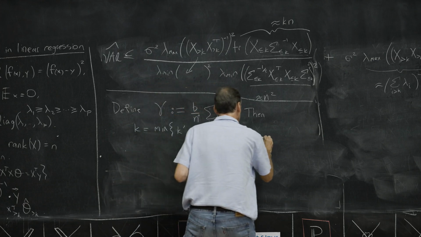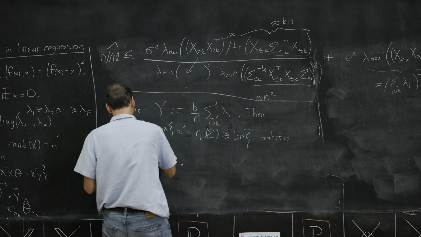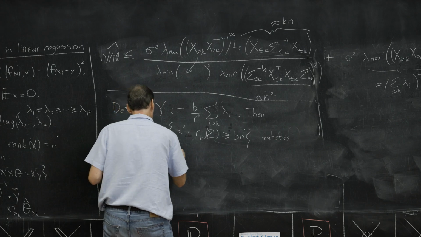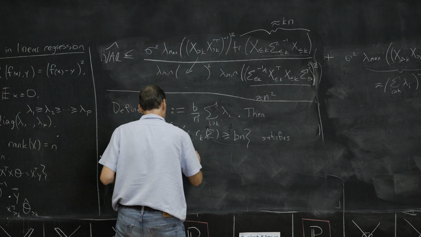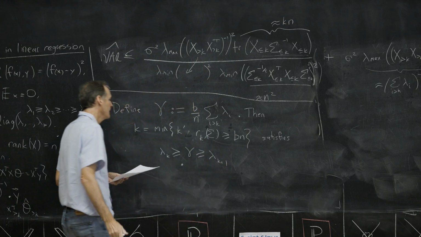That k satisfies this condition on the eigenvalues: lambda k is at least gamma, which is at least lambda k plus 1.